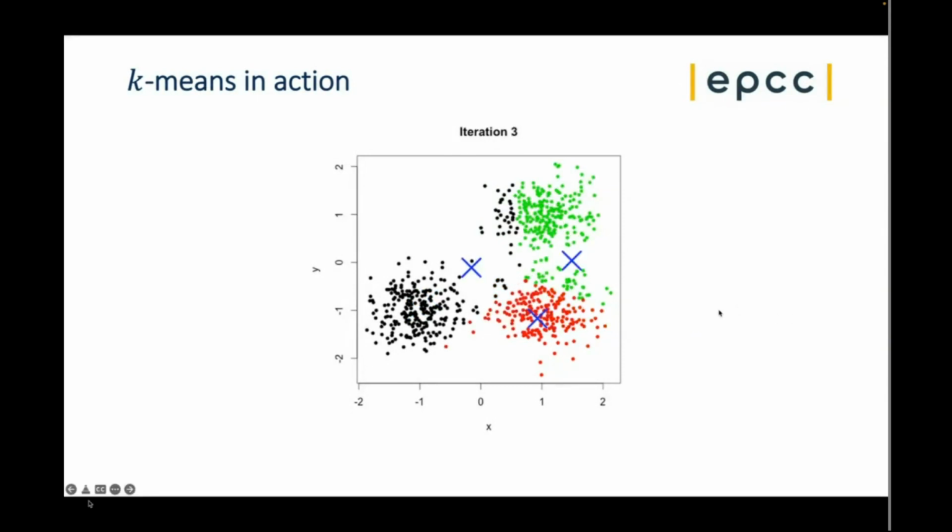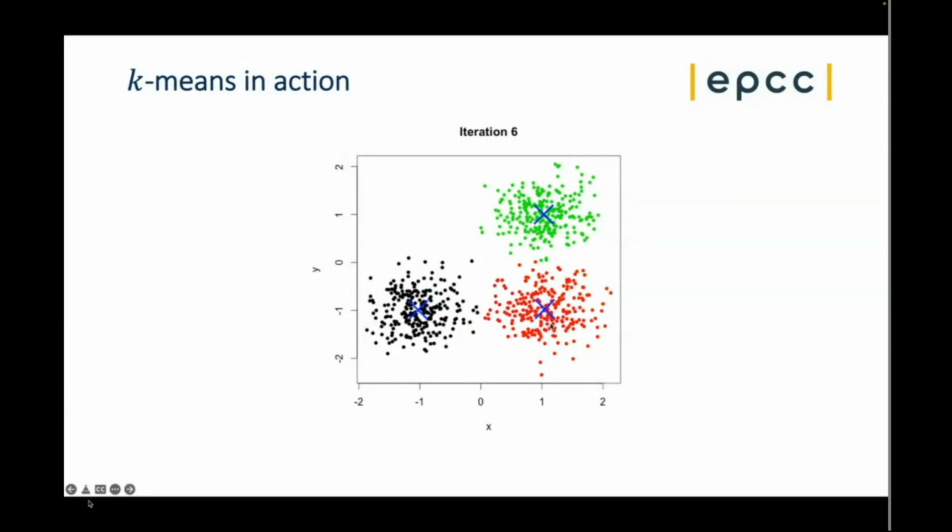So as this loops, we can see that the first thing that it does is it moves this x, which represented all of the black points, to the middle of the black points.